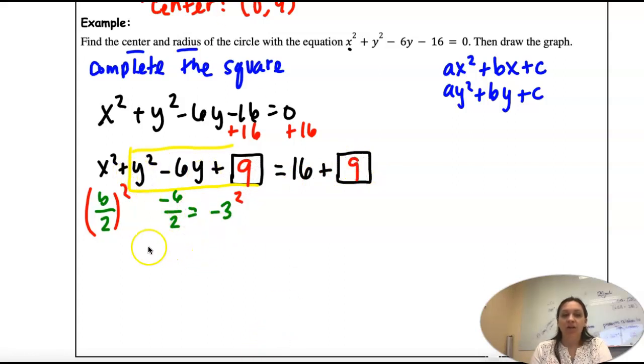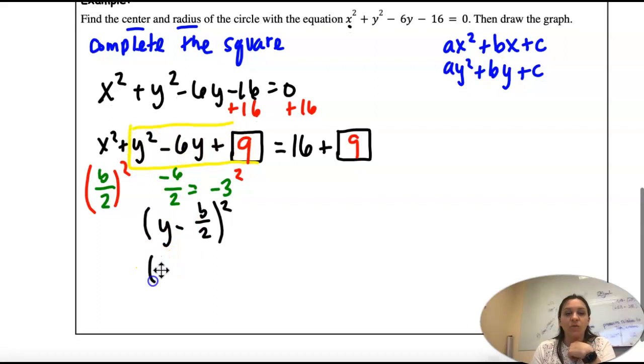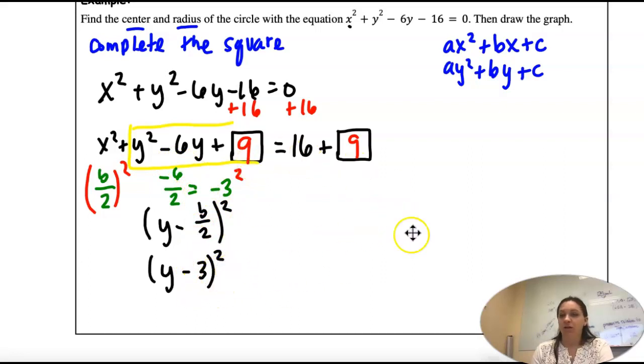And when we write our squared binomial, I'm going to write y minus, and I'm going to write the original thing we found, b over 2, squared. So this whole thing becomes y minus 3 squared. Let me explain where that's coming from.